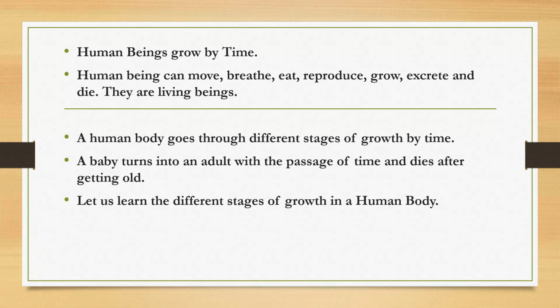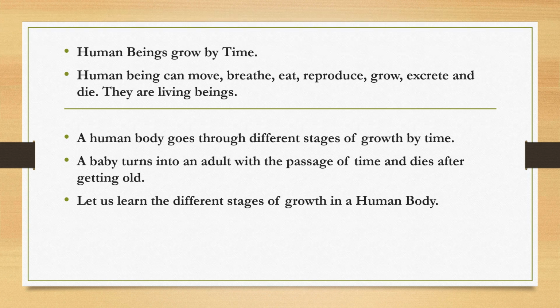So let's learn a few points about it. Human beings grow by time. Human beings can move, can breathe, eat, reproduce, grow, excrete, and by time when they get old, die. They are living beings.